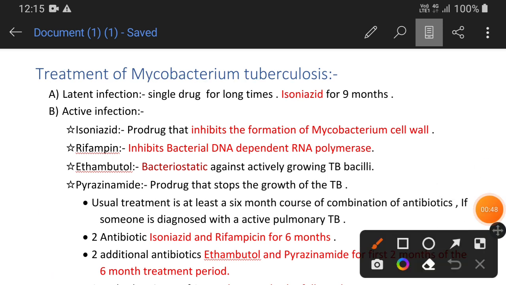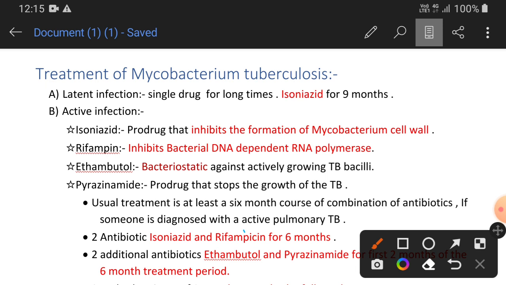The main way to treat Mycobacterium tuberculosis infection, no matter whether it is latent infection or active infection, is the antibiotic. If it is latent infection, I hope you know what latent and active mean.